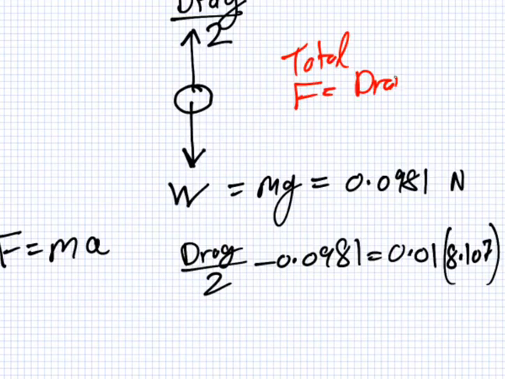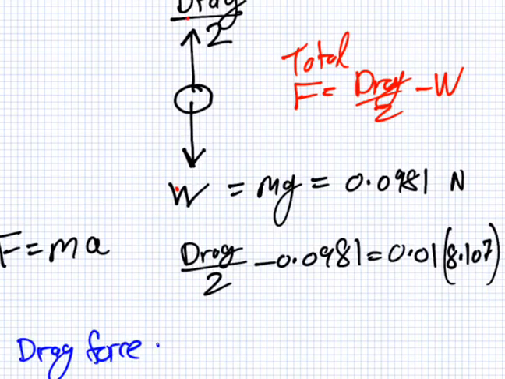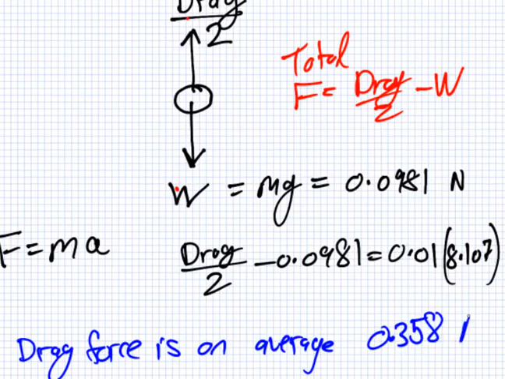So you can say F equals ma, so drag over 2 minus 0.0981 equals ma equals 0.01a. Do we know the a though? Yes, 8.107.